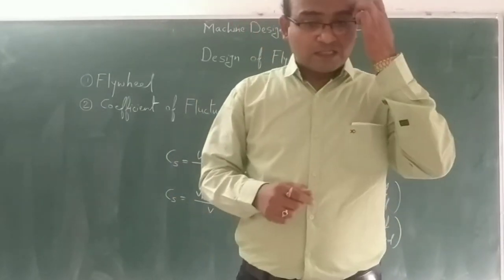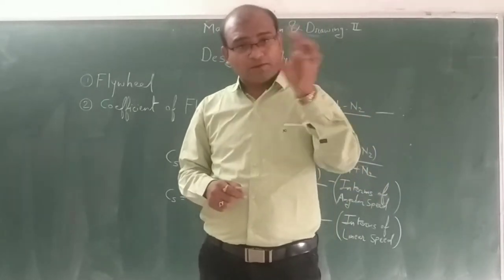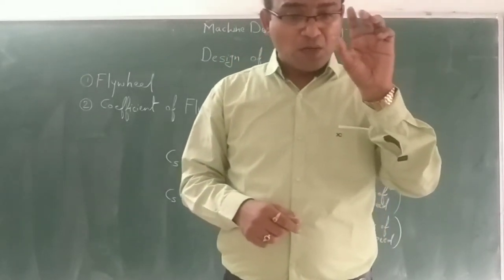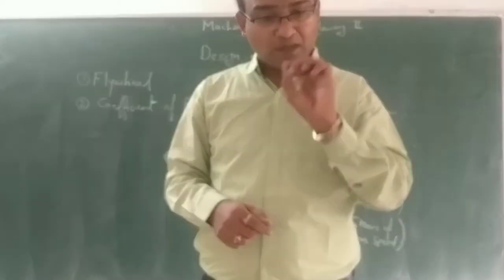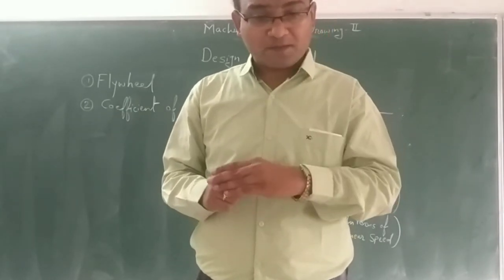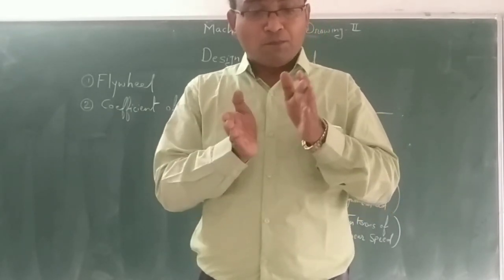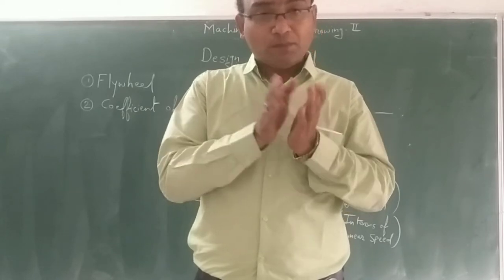It means the maximum fluctuation of speed is the difference between maximum and minimum speed, but the coefficient of fluctuation of speed is the ratio of maximum fluctuation of speed to the mean speed.